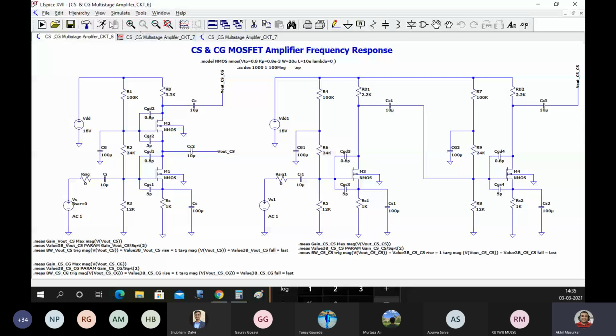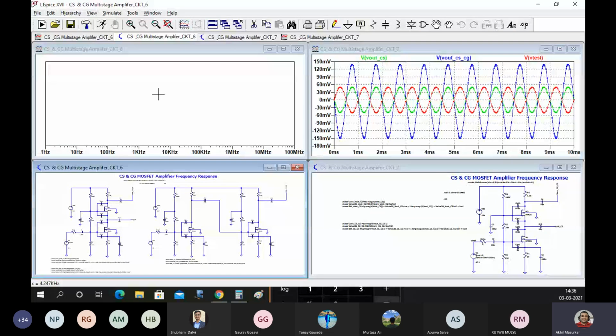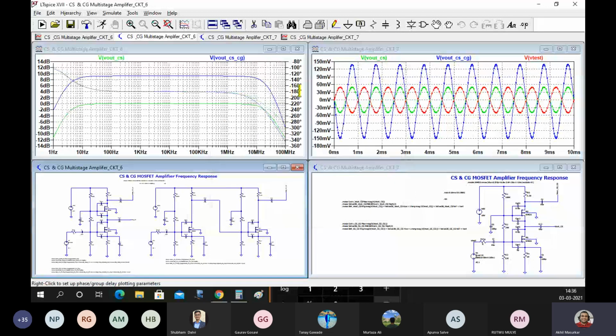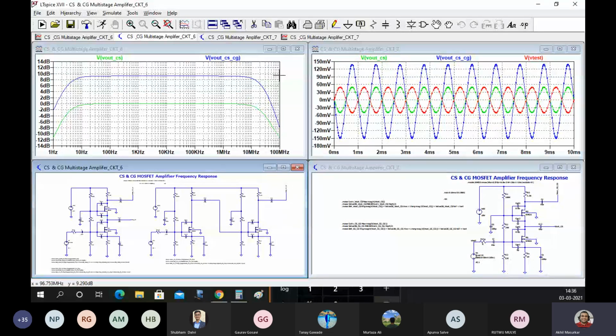So if we add the trace here, you can see this is the frequency response and this is the transient response.